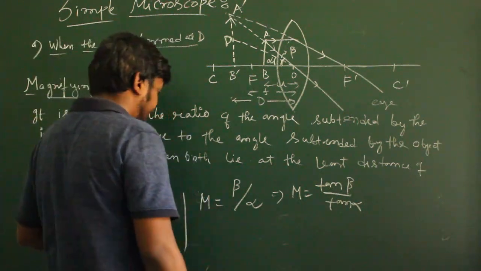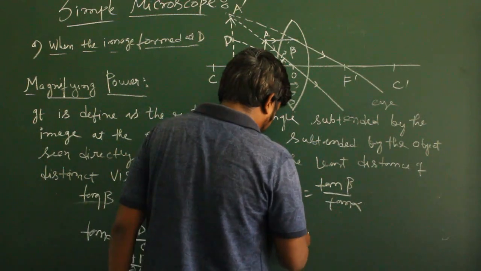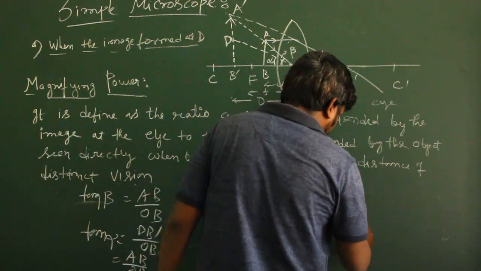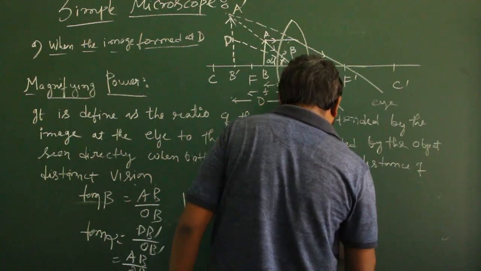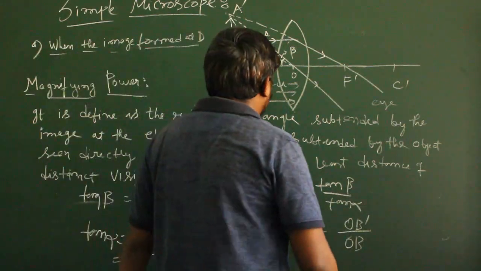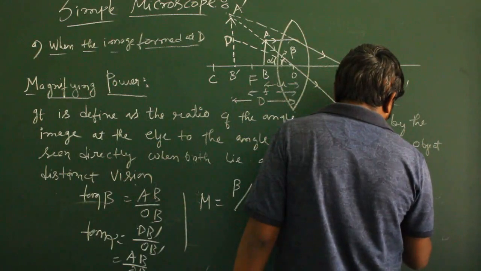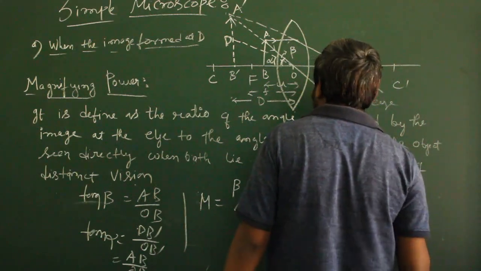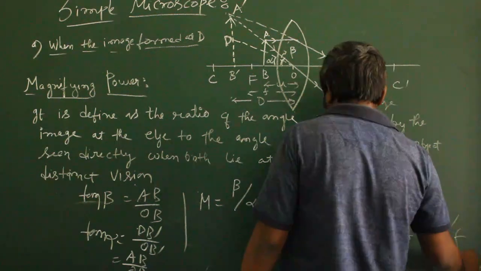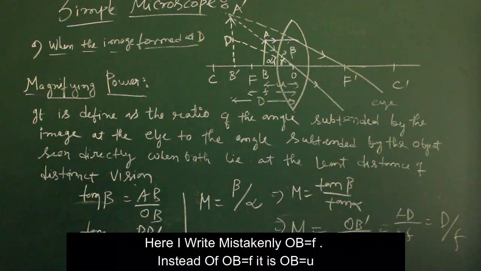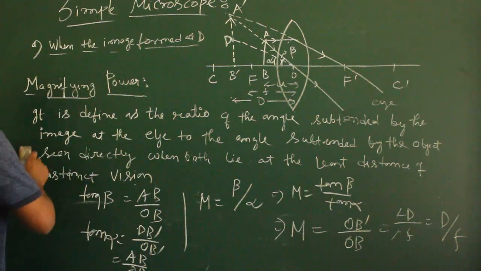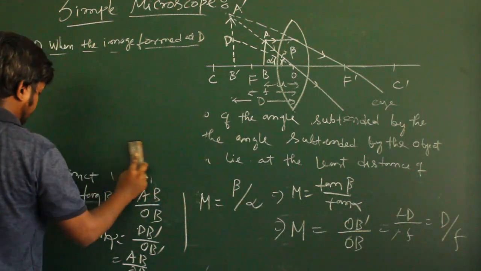If we put these values here, M will be equal to OB' by OB. What is OB'? OB' equals minus D, and what is OB? Minus F. So the minus cancels, and it will be D by F. Okay, now let me erase this.